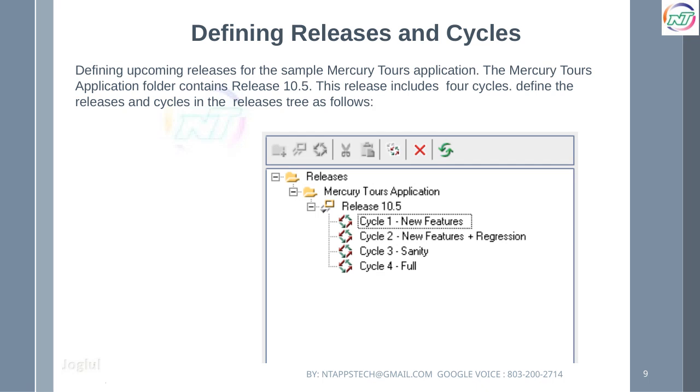Cycle 3 is dedicated to testing for sanity, confirming that the critical functions work correctly after changes. Finally, Cycle 4 is the full release where everything comes together for the complete deployment. This structured approach, broken down into these cycles under the release, helps manage the development process efficiently and ensures quality at each stage. Let's move on to the next slide.